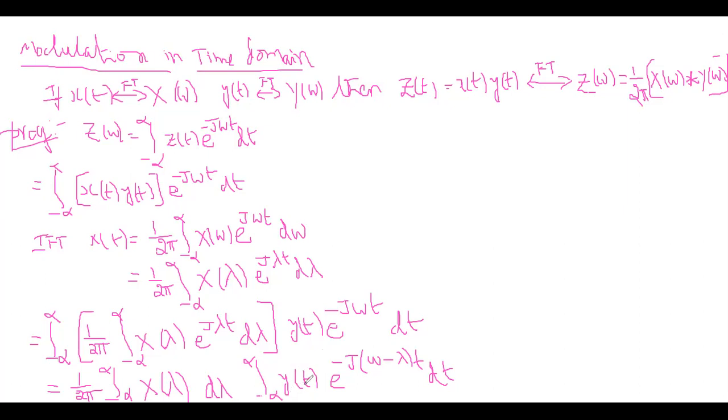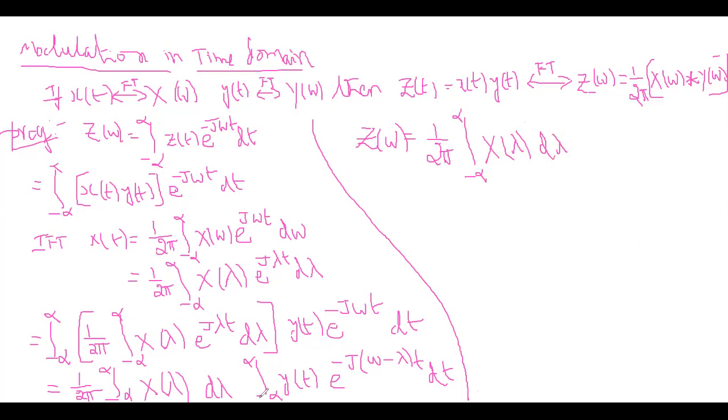So instead of x of t, here it is y of t. z of omega is equal to 1 by 2 pi, and the integral from minus infinity to infinity of y of t e power minus j omega minus lambda into t dt, if it is omega, it is y of omega.